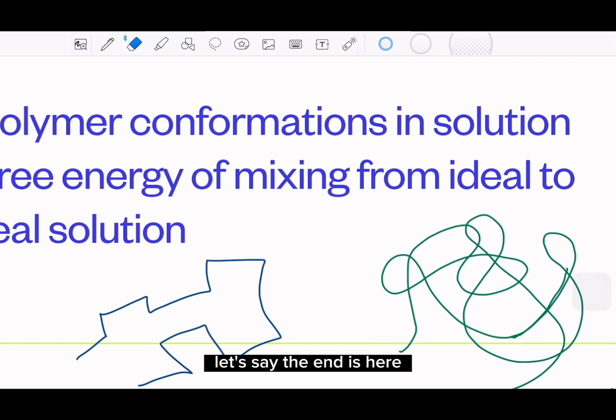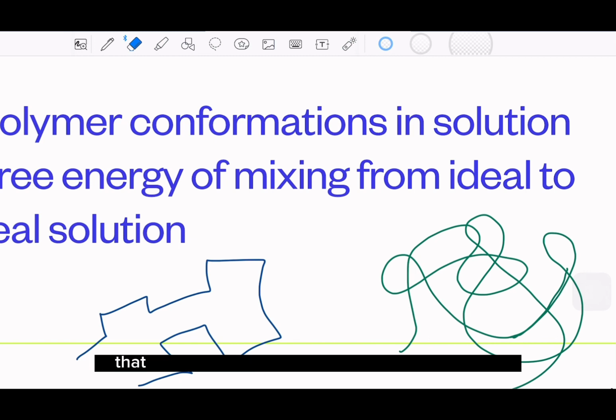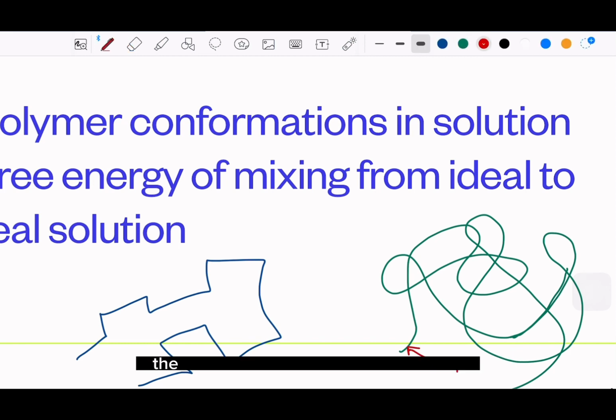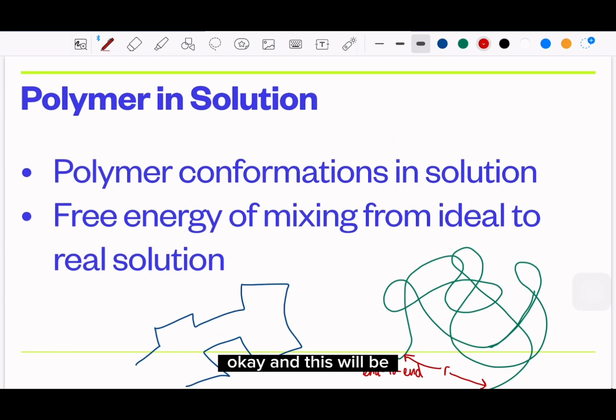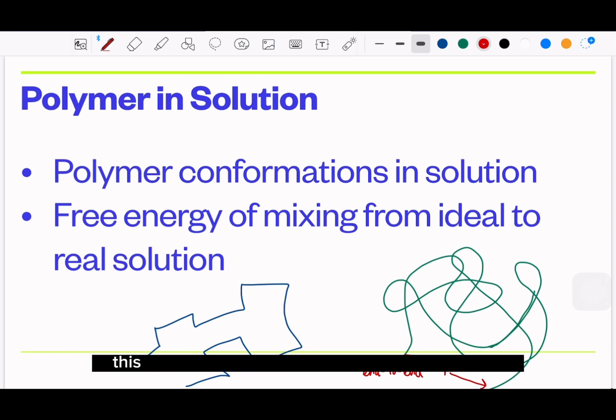Let's say the end is here. We have some distance, usually described by r. This is the end-to-end distance, and I will frequently discuss this distance between the two chain ends.